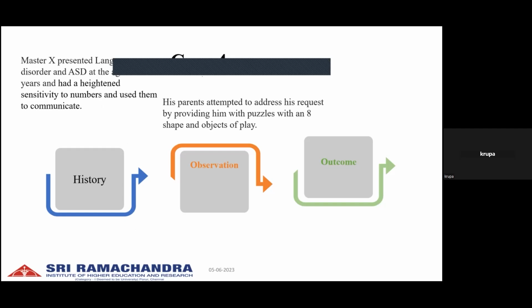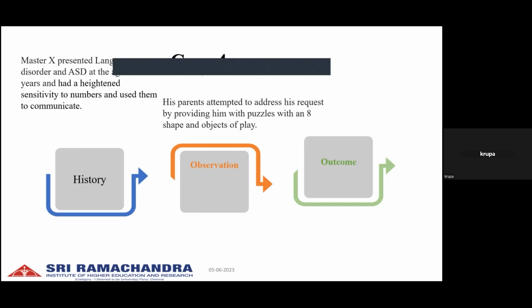He was constantly, perseveratively saying number 8, and they were puzzled as to why he is asking for 8. They gave all objects of play, shapes, puzzles, everything related to 8, and he seemed unsettled. Then they had to retrospectively think for about 48 hours or so as to what this child had done with 8. When they thought about it, they understood that the child was actually playing on a railway track which was in the shape of the number 8, and the child actually meant that.